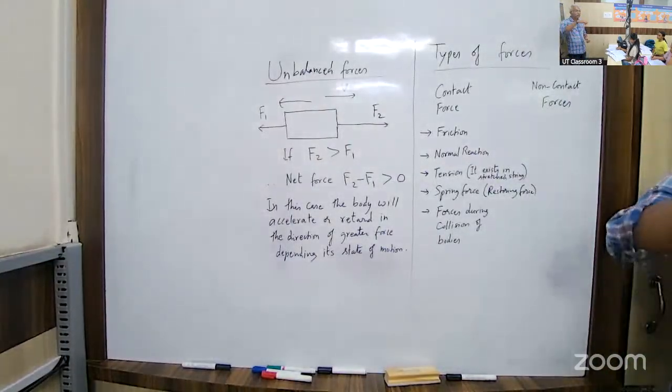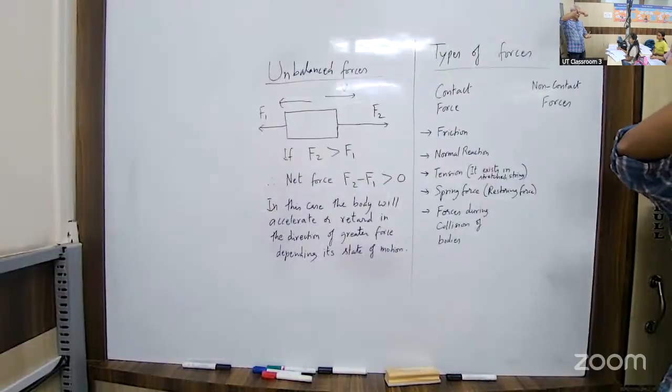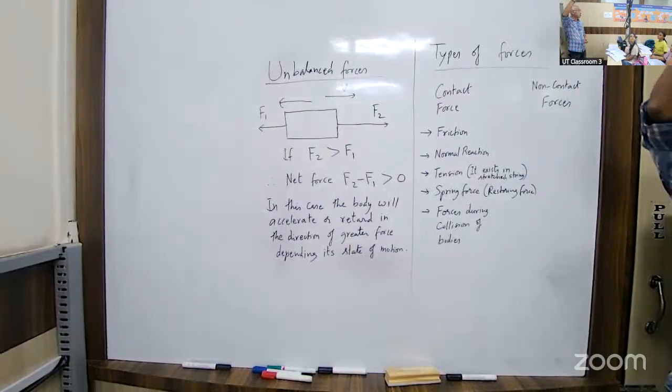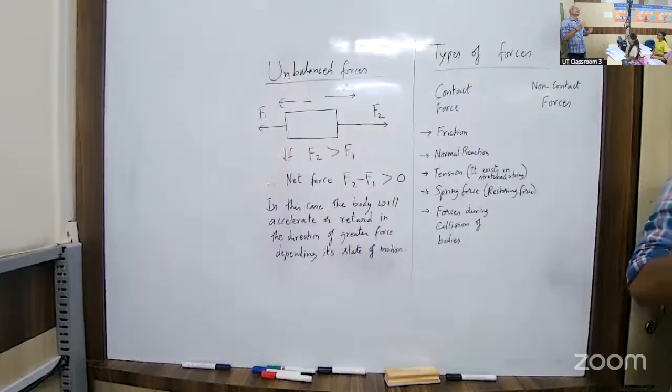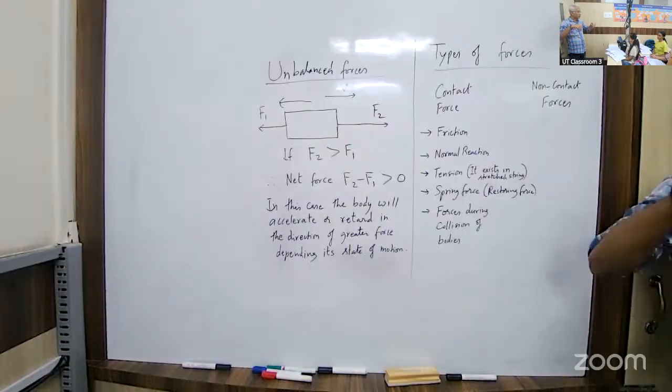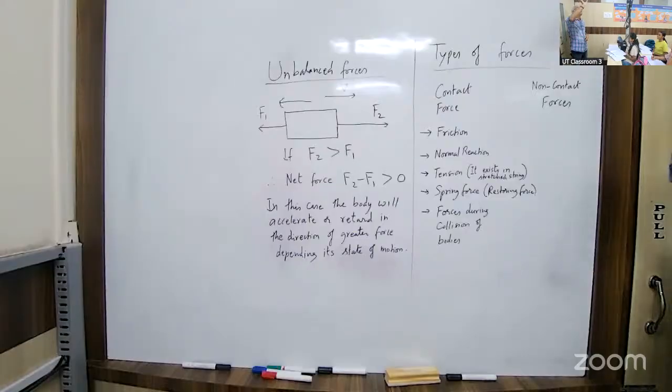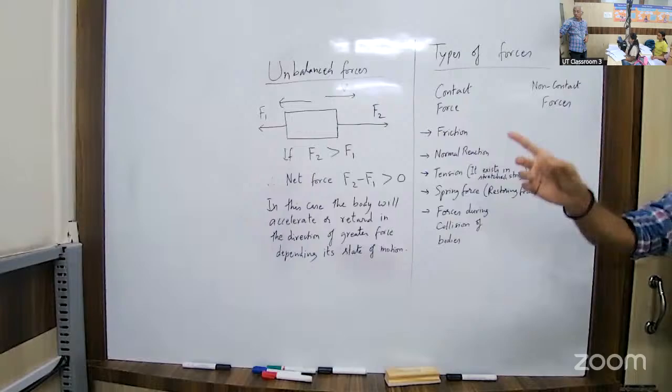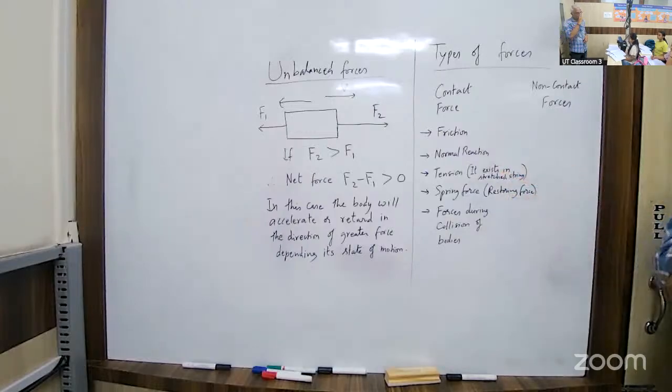Then there are threads or rope. You hang anything like this tube light, it is hanging. So it is not like a spring or a rubber, it is just hanging. But when I pull it up, the string will be loosened. Then there is no tension. So tension only appears in a stretched string.